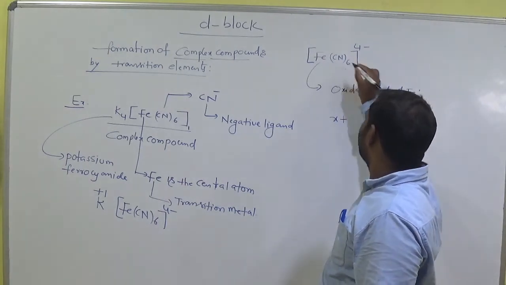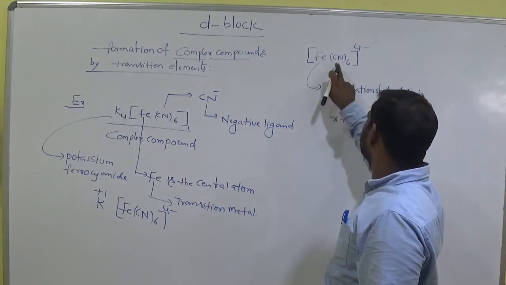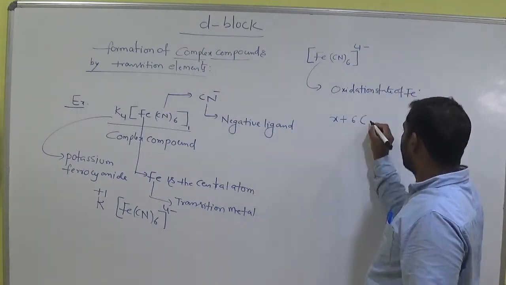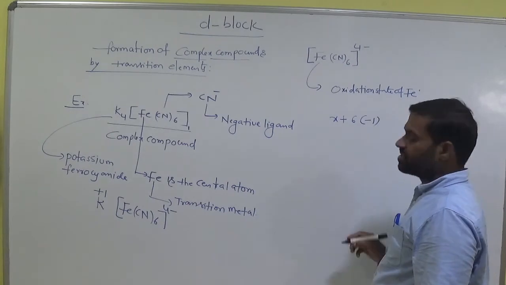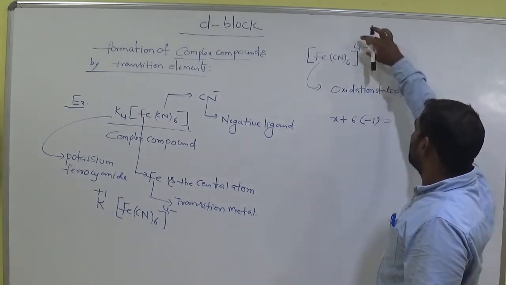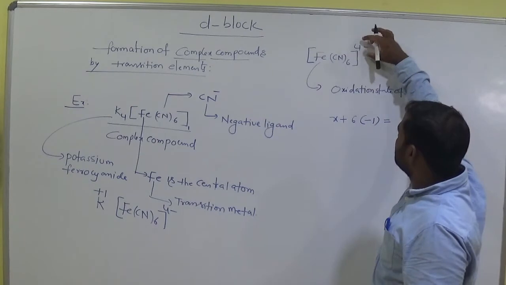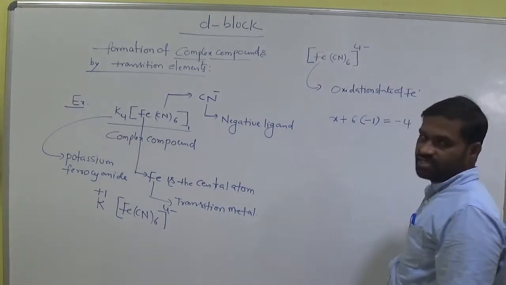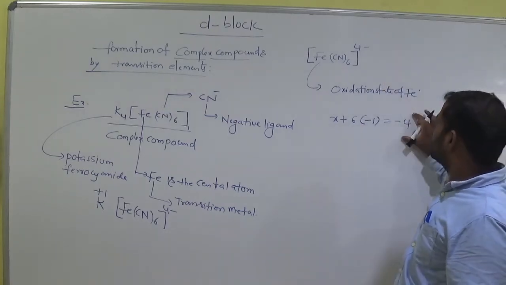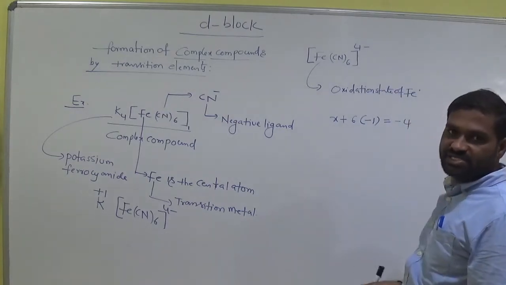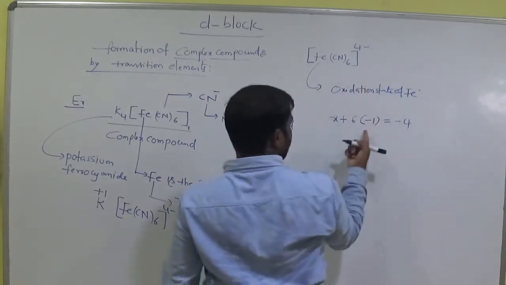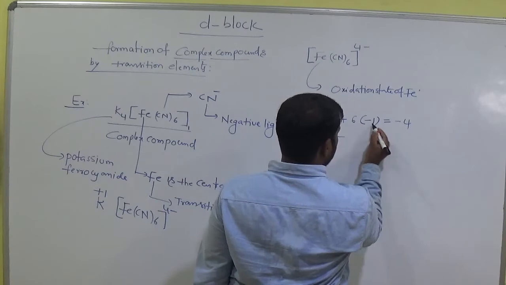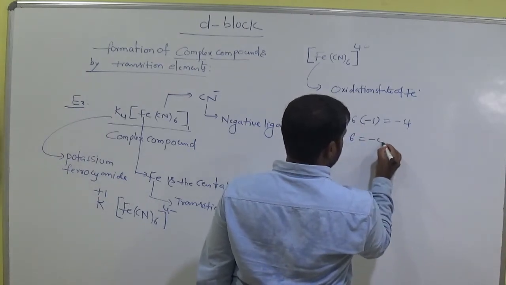Plus, how many cyanides here? 6 into, each cyanide carries -1. So 6 ligands, each with -1. The total on this structure is -4. So X plus 6 into -1 equals -4.